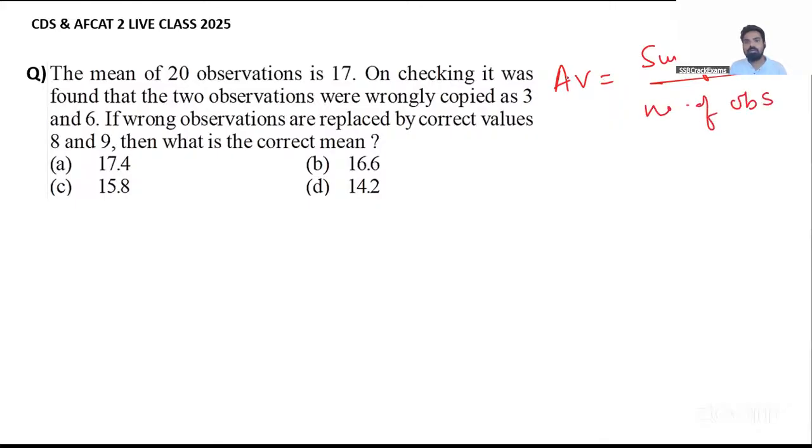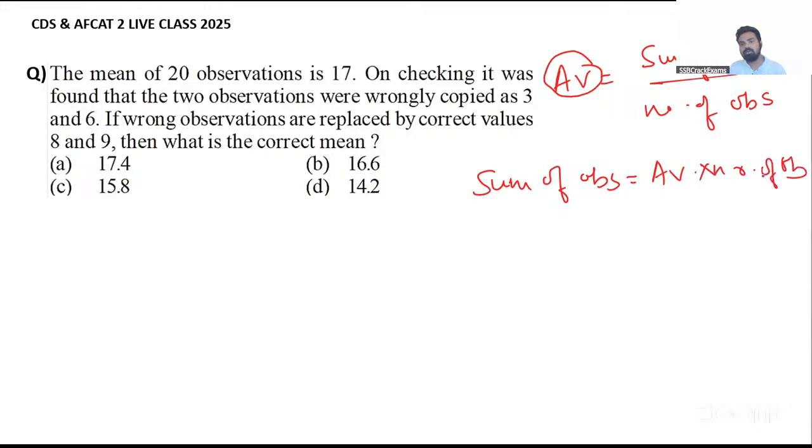Because we need to find the new mean, we have to find the new sum as well. So it is average times the number of observations. Average is 17 and number of observations is 20, so it is equal to 340. Got it? The sum of observations is 340.